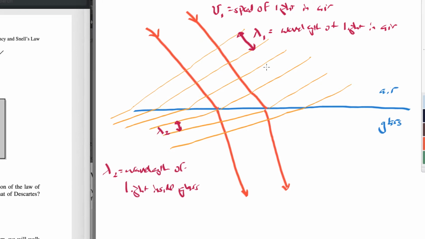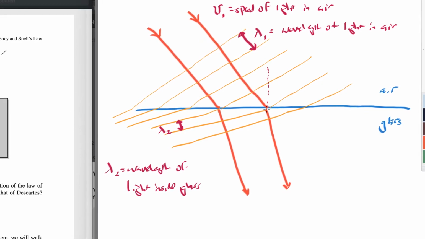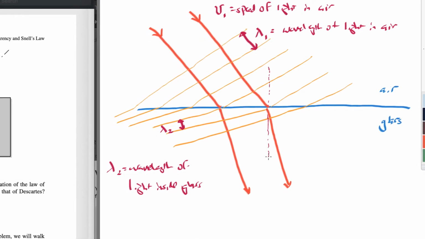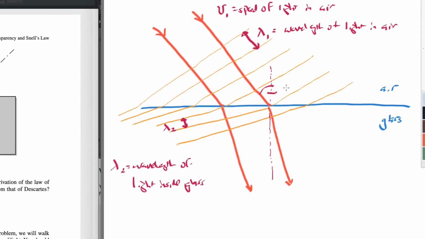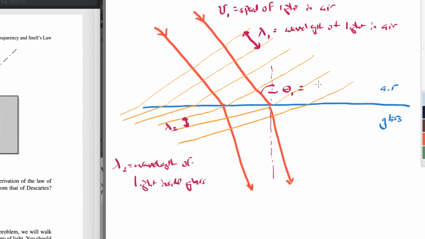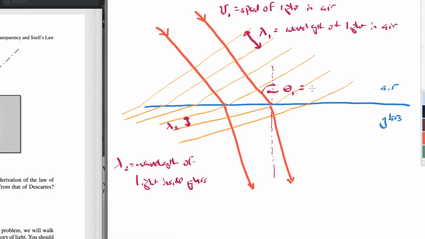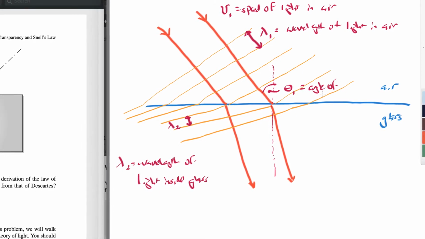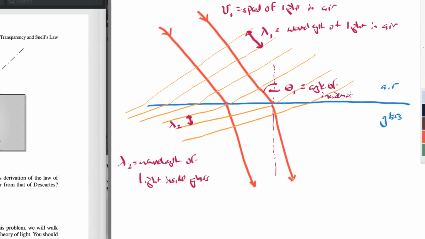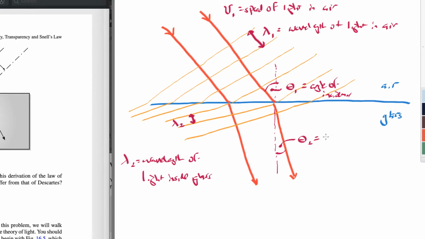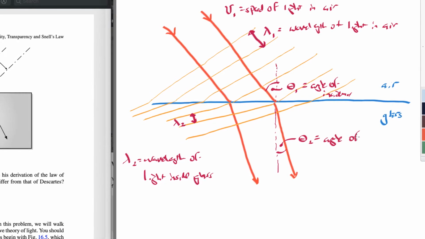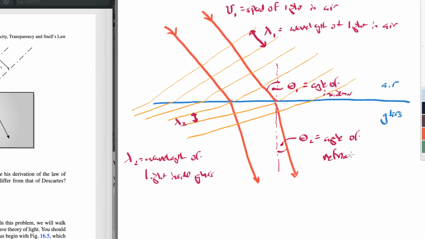I'm going to draw a vertical line here, a perpendicular or a normal to the surface. So this right here, we'll call that theta 1. That angle right there is the angle of incidence. And then this angle right here, that's theta 2, would be the angle of refraction.